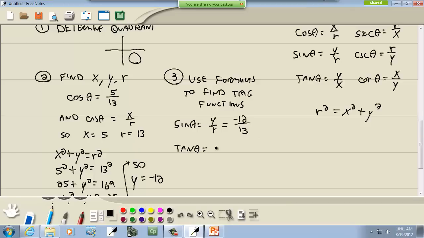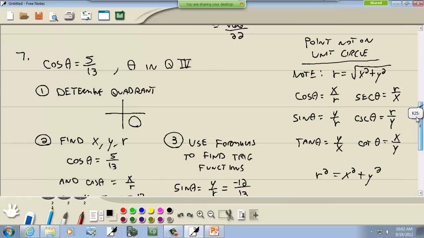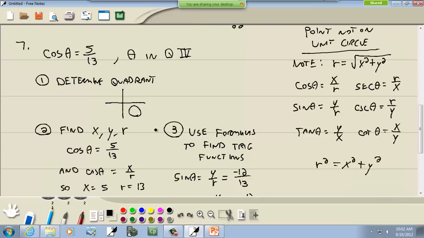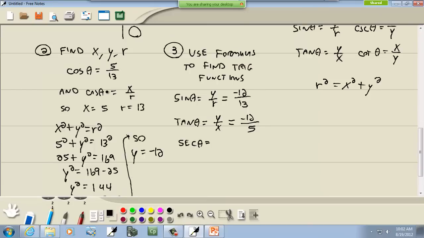Tangent is y over x. Y we said was negative 12, and x we said was 5. Secant. Now you could do r over x, but really secant is just cosine flipped, so it's a lot easier to think of it that way. Okay, cosine was 5 over 13, so secant will be 13 over 5.